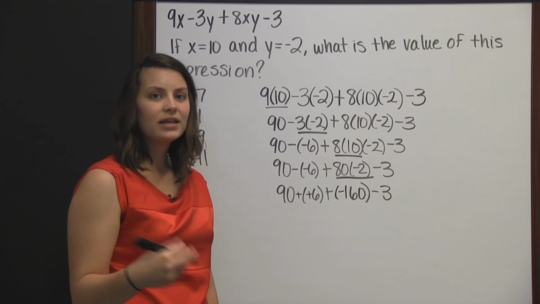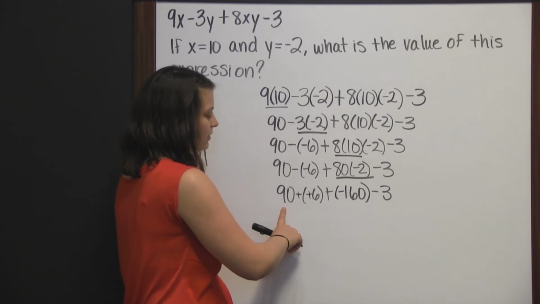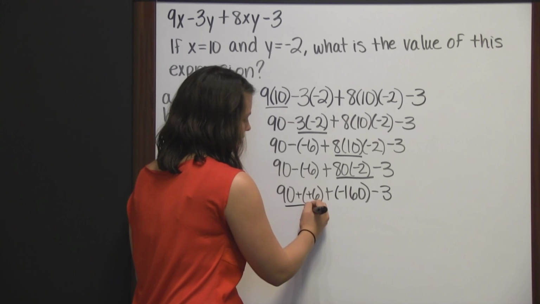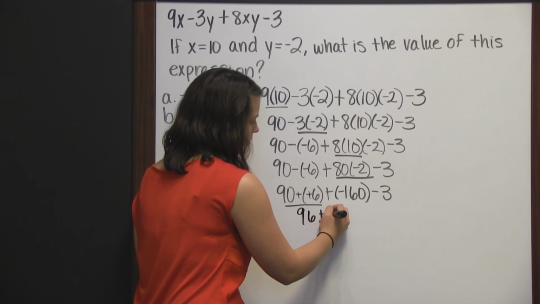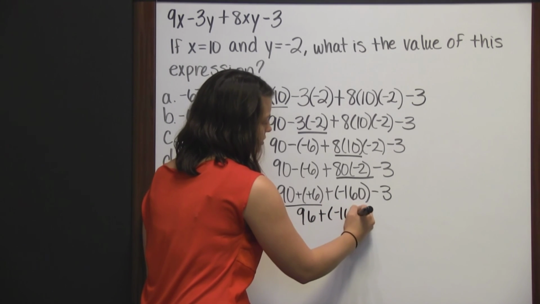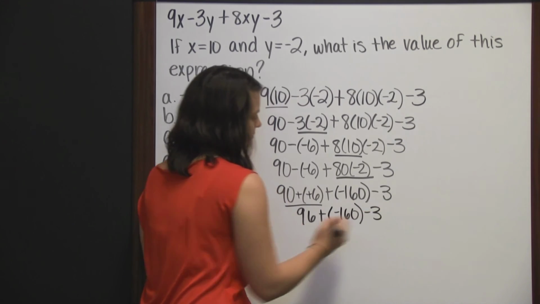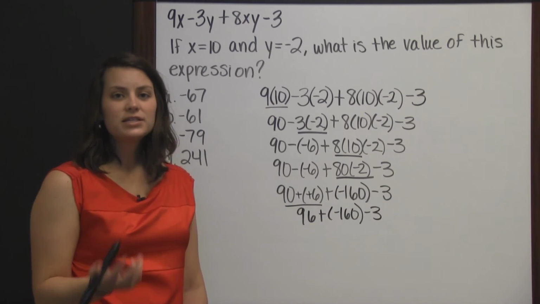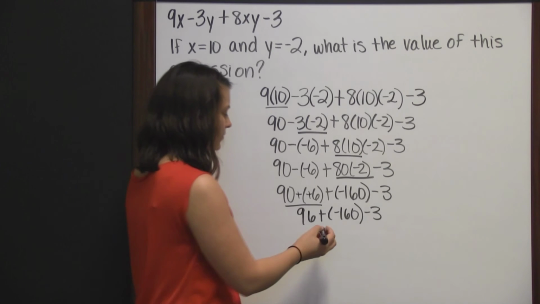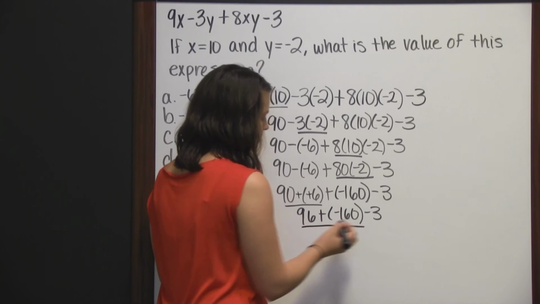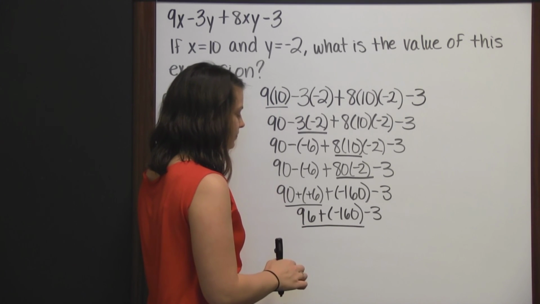Or you can add the inverse. So we have 90 plus 6, 96, plus negative 160 minus 3. Again, we've got to continue working from left to right. So next we have 96 plus negative 160.